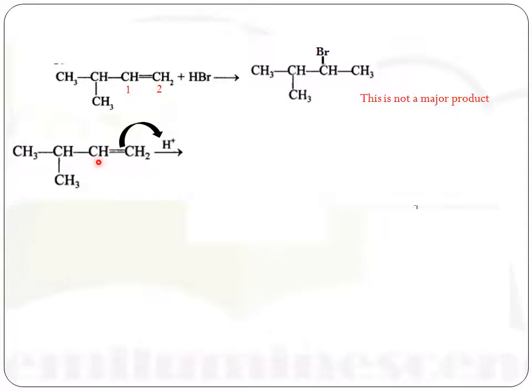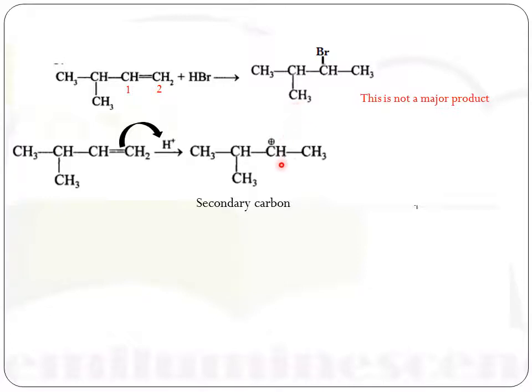That means the positive charge should be on this carbon number 1. This secondary carbocation is formed, in which the carbon carrying the positive charge is further bonded with two carbon atoms. And we are expecting that this is a stable carbocation. Hence, the bromine will attack this and this product will be obtained as the major product.